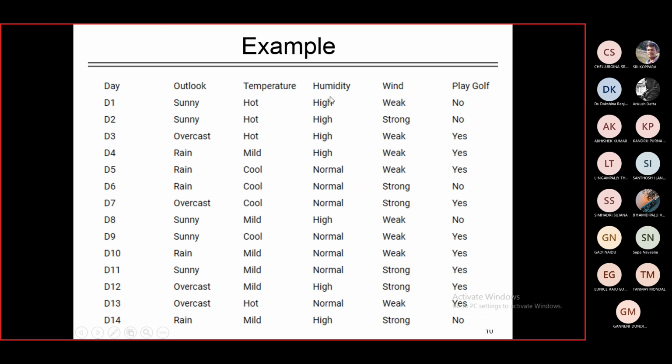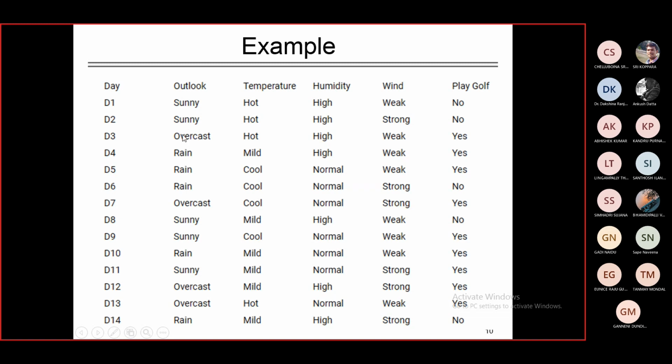Now in this data set, if we consider day 1, in day 1 outlook is found to be sunny. Since outlook is an attribute of the data set, here we have three different values of the outlook attribute: sunny, overcast, rain.